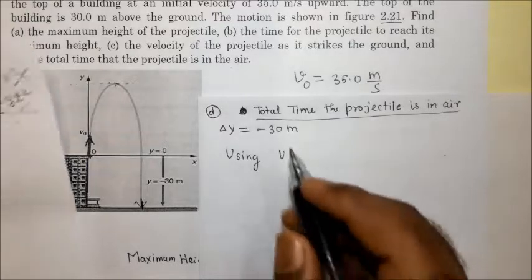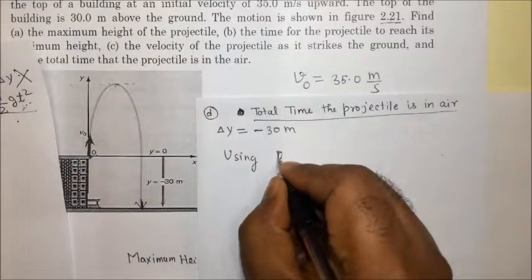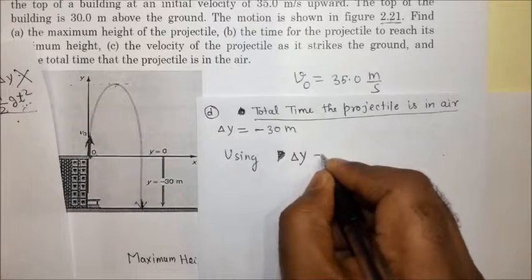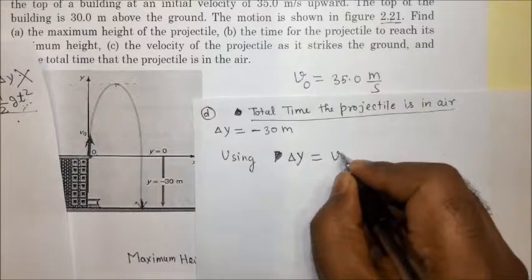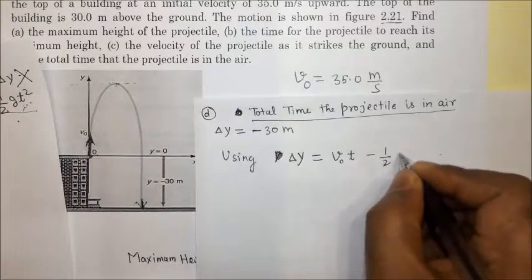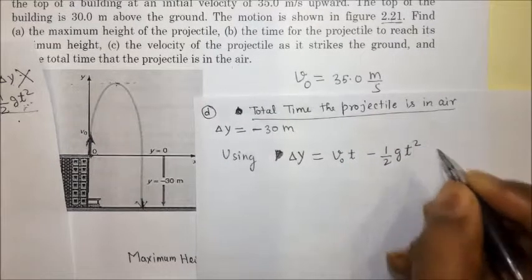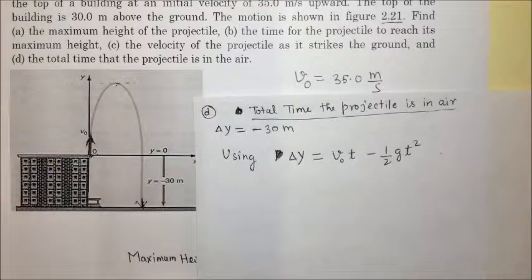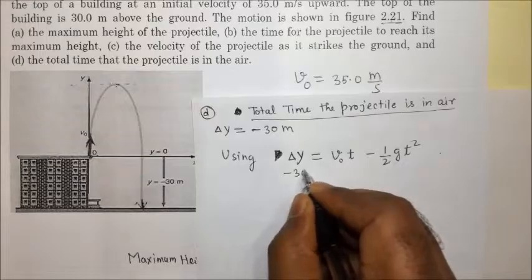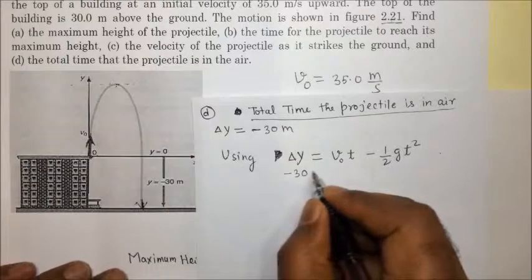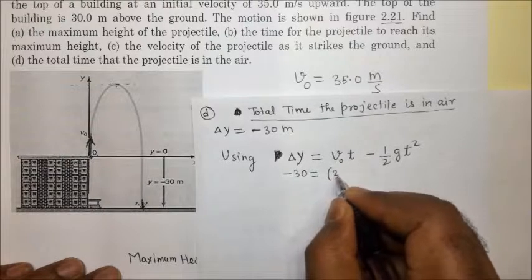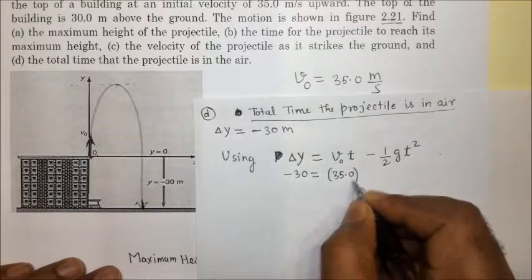so let's use delta y is equal to V initial t minus half g t square. This is minus 30 is equal to 35.0 t.